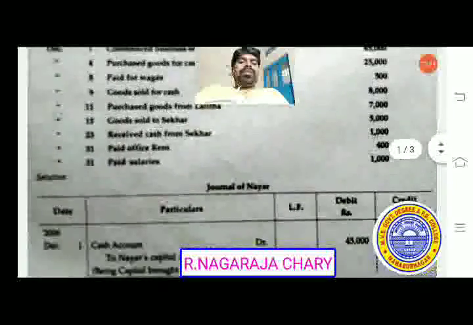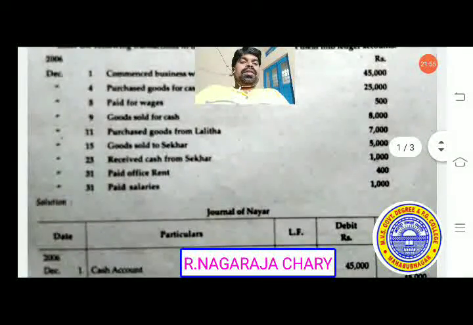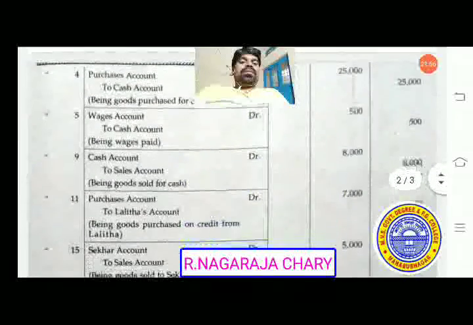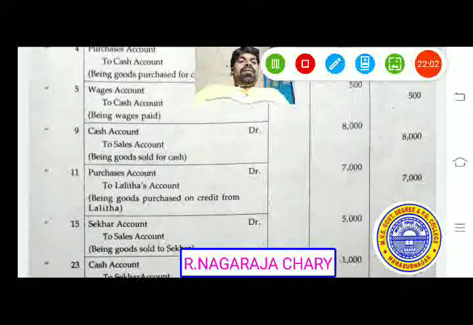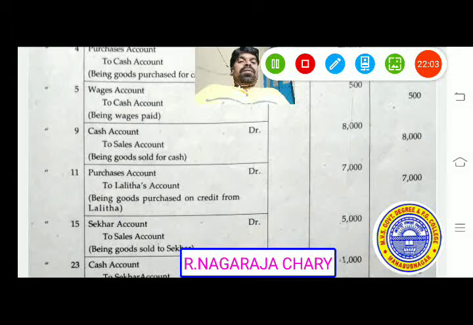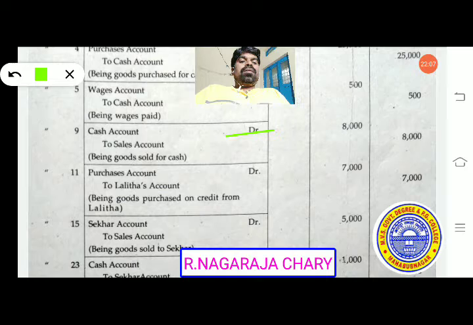Next, on 9th date, goods sold for cash, that is 8,000. Here we see cash account debtor 8,000, and sales account on credit side, that is 8,000. Here cash account is recorded under real account principle, whereas sales is recorded under nominal accounts principle.